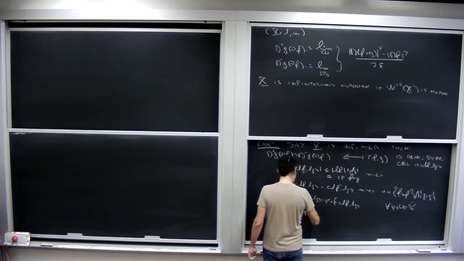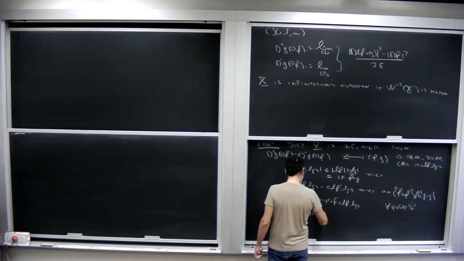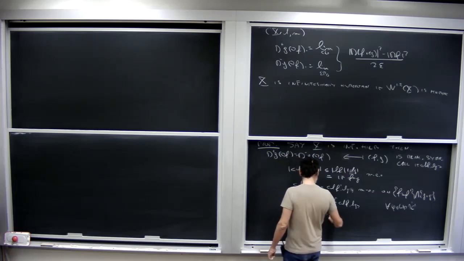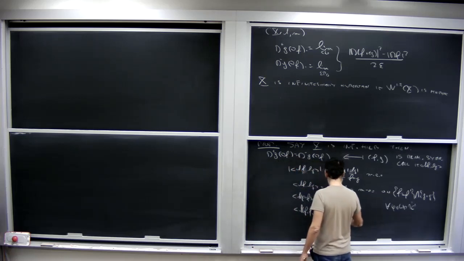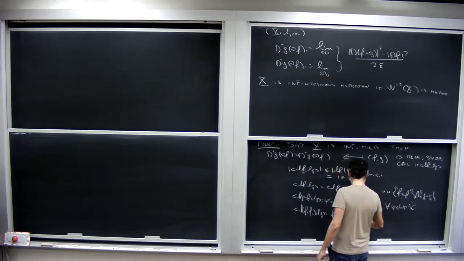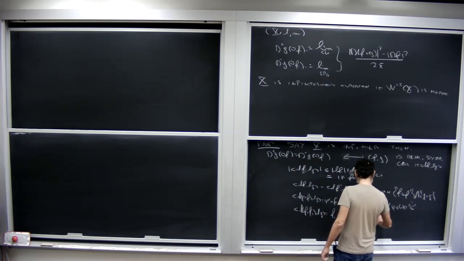And then d(f1 f2) dg is equal to f1 df2 dg plus f2 df1 dg.